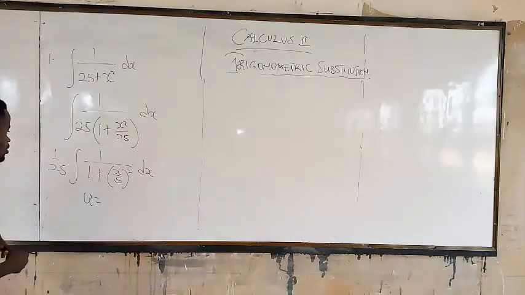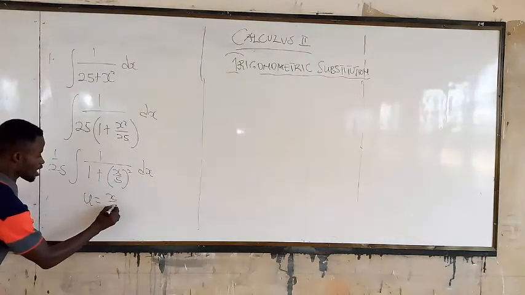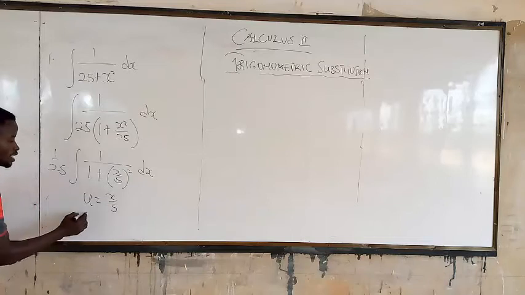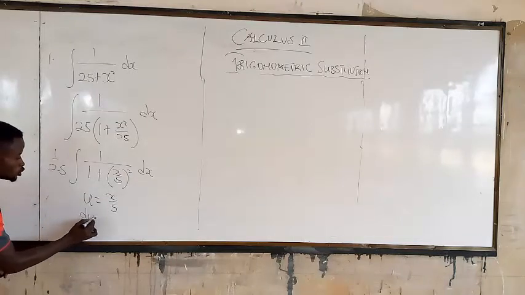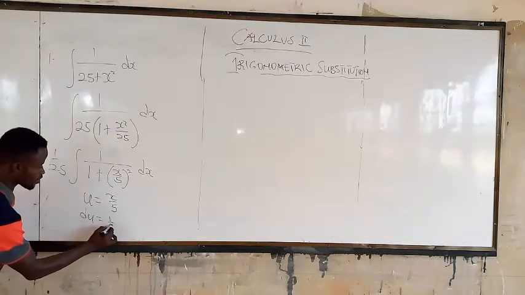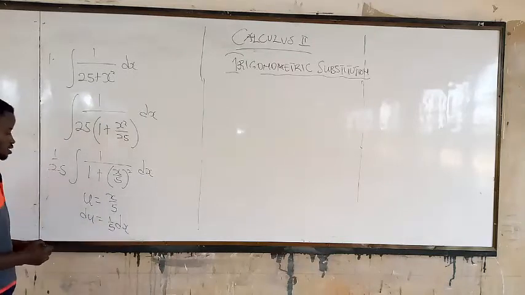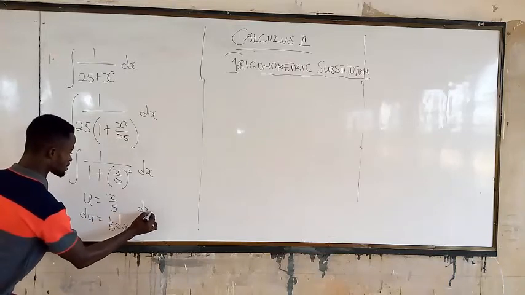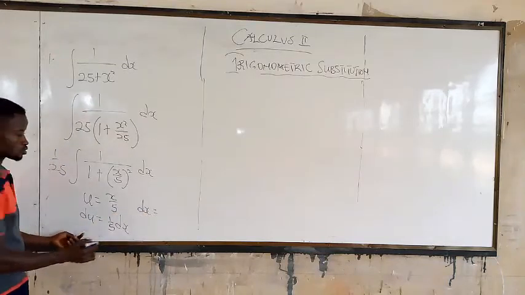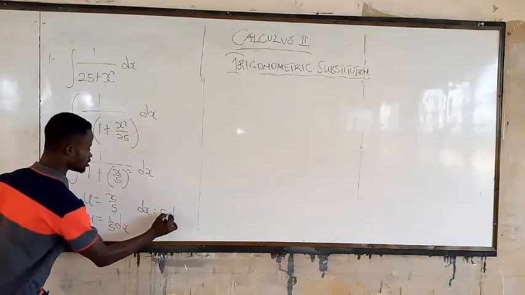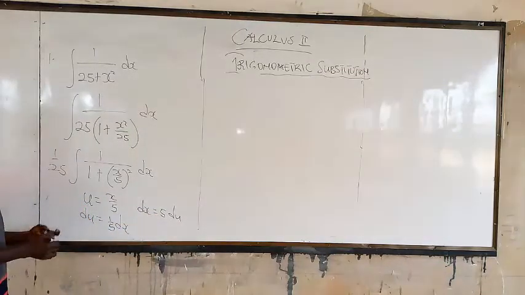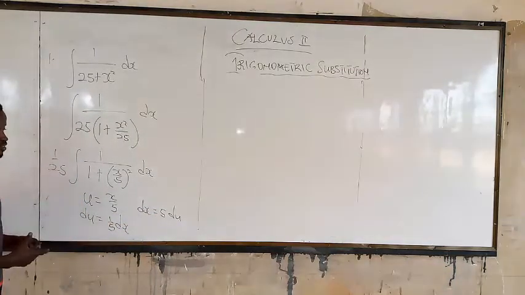And here you get s over 5 to be the u. Then du will be equal to 1 over 5 ds. Okay? So ds will be equal to 5 du, cross multiply, 5 du.